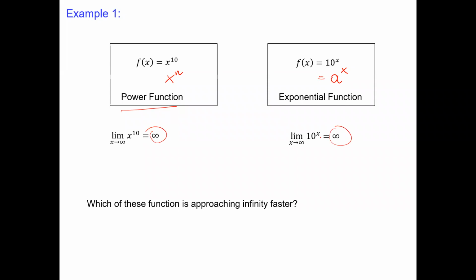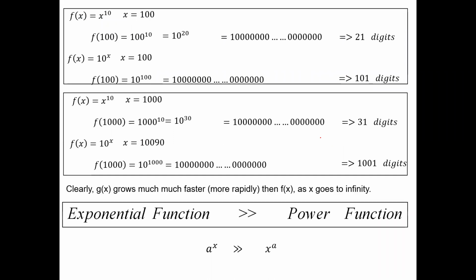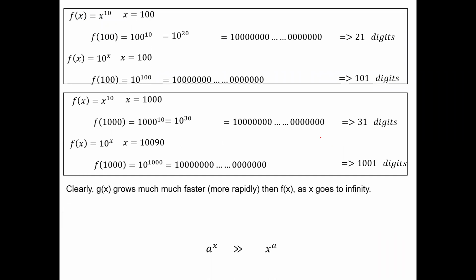What I did is a numerical approach. Let's look at this. Lots of numbers. I evaluated both of the functions at 100, for the function x to the power of 10 and 10 to the power of x.